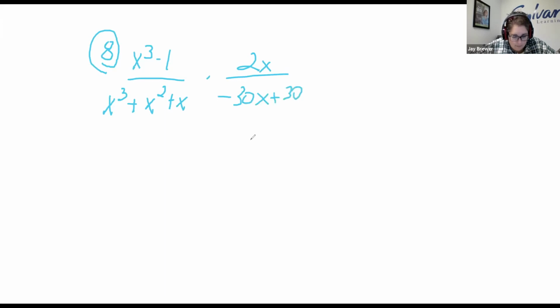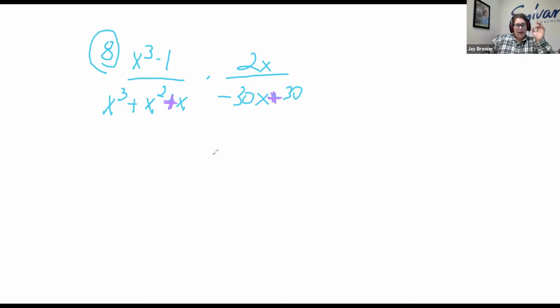I believe this had to become a positive and this had to become a positive. So in your first version, those were negatives. But in order for the problem to work out nicely, they have to be positives. Okay. Let's finish it out.